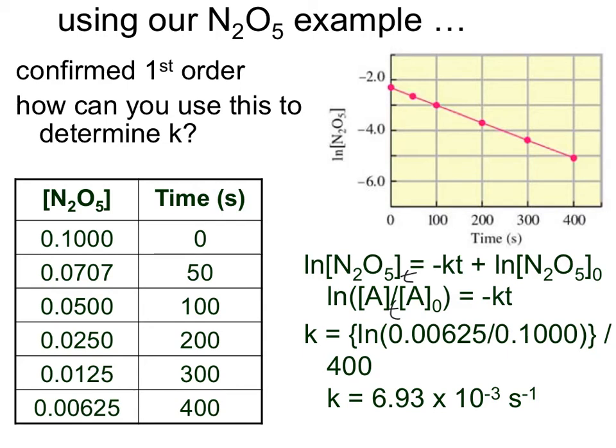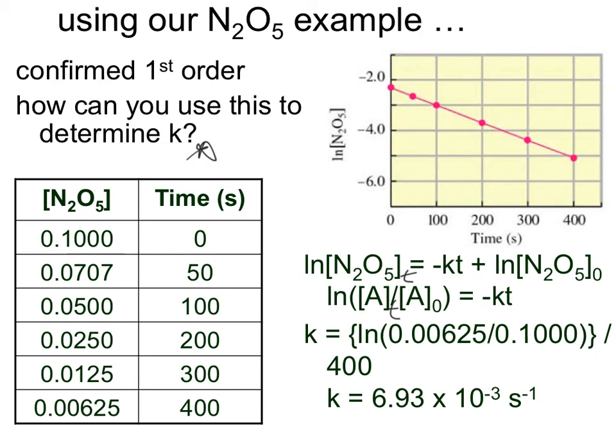Basically, if we want to figure out our rate constant for this specific reaction, we can take the data that we have, plug in a few pieces of it, and subsequently figure out the rate constant from that perspective. Okay, so what are we going to do here? We are going to find our initial concentration, the concentration at time 0, and plug that in.